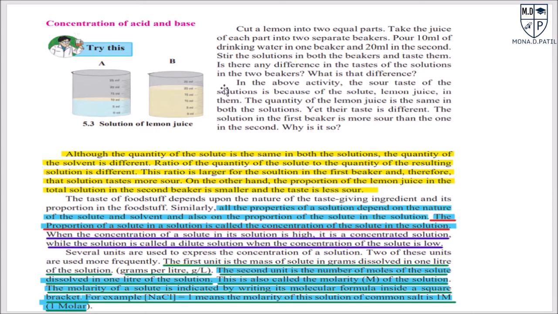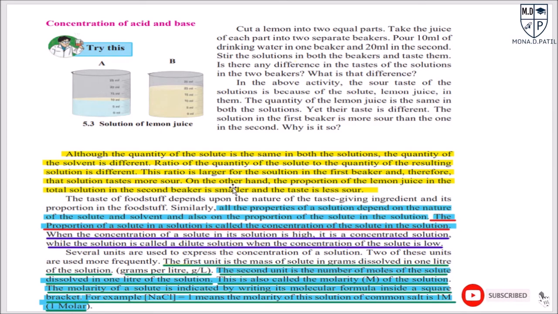So from this we can understand that although the quantity of the solute is the same in both solutions, the quantity of the solvent is different. So the ratio of the quantity of the solute to the quantity of the resulting solution is different. This ratio is larger for the solution in the first beaker, and therefore that solution tastes more sour.